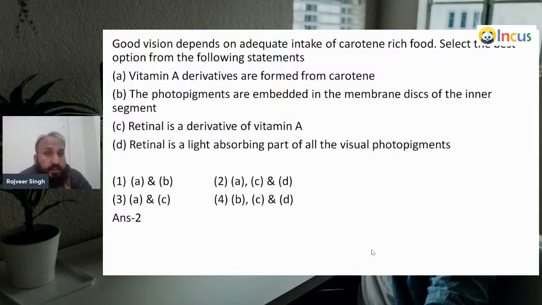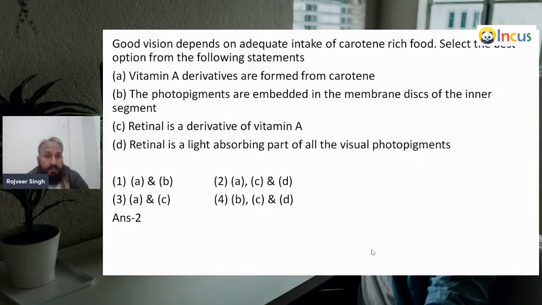The next question is about good vision, which depends on an adequate intake of carotene-rich food. Select the best option from the following statements. Option 1 states that vitamin A is a derivative formed from carotene. Yes, this is right. The photopigments are embedded in the membrane discs of the outer segments.